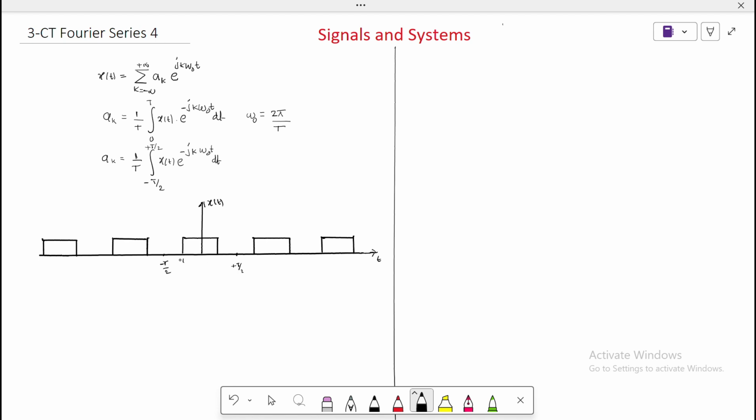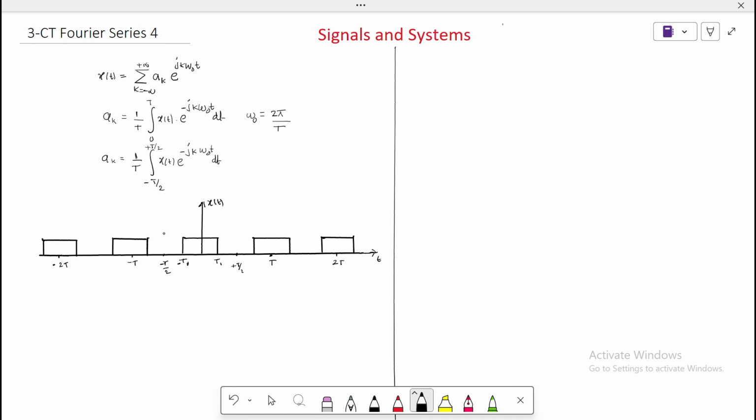This is minus T1 and this is plus T1, and these are T and 2T, minus T and minus 2T.